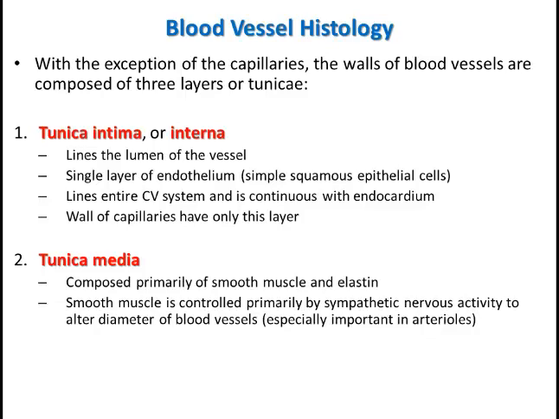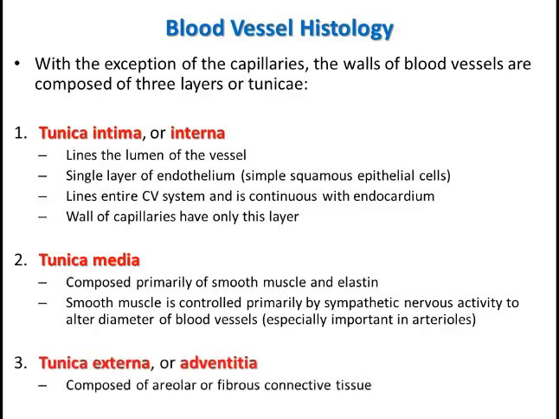There'll be different amounts of these tissues depending on where in the cardiovascular system you are, and I'll try to point out some of those differences in a few minutes. And lastly, on the most external part, or furthest away from the lumen, or the blood, is the tunica externa, or adventitia, which is composed of areolar and fibrous connective tissue. A lot of collagen there, performing a supportive and protective function.